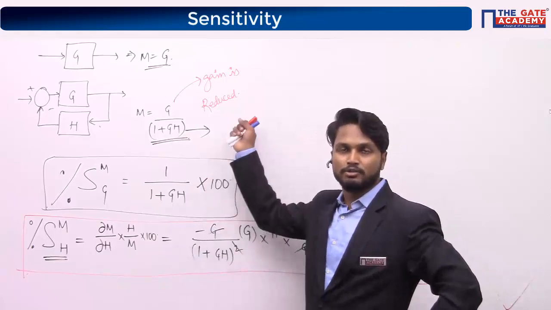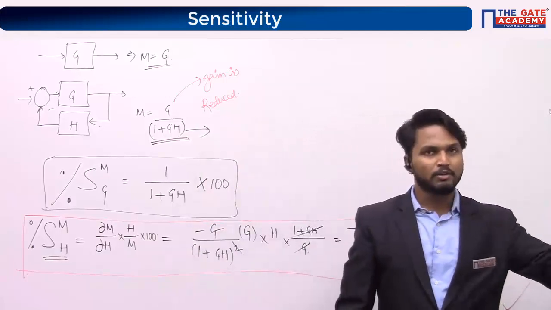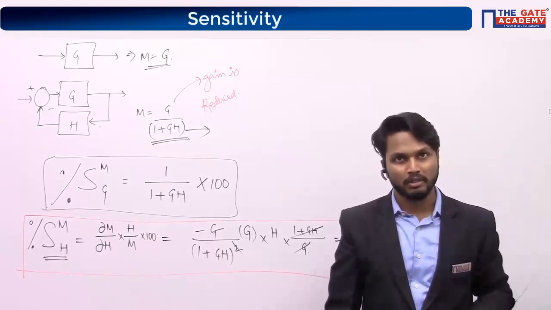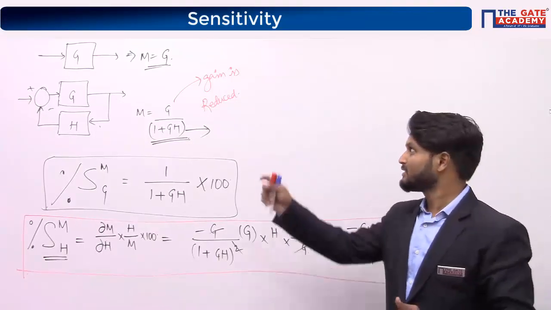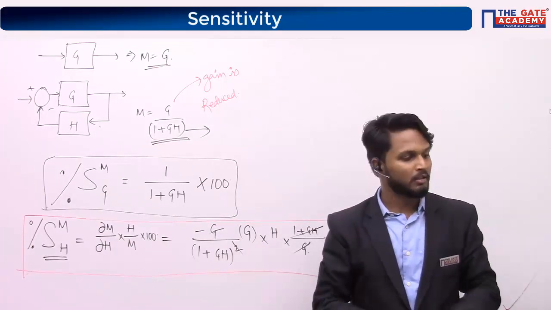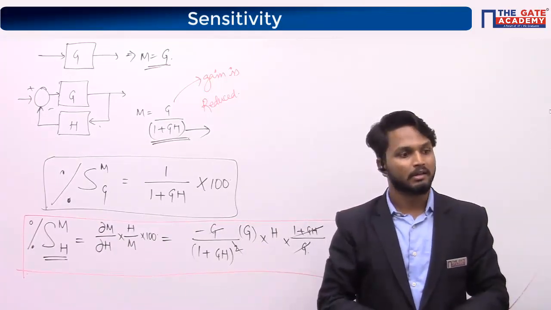But according to the statement, negative feedback in a control system does not reduce what? So it has reduced gain. Therefore, option A will not be your correct answer.